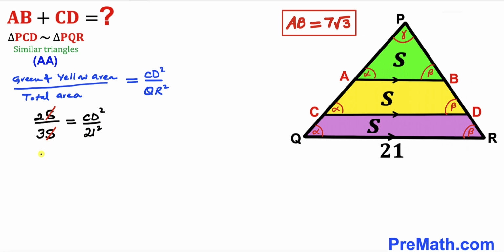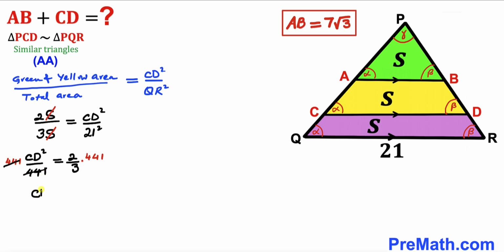So therefore we can write down CD squared divided by 21 squared, which is 441, is going to be equal to 2/3. And now we are going to multiply by 441 on the left hand side and 441 on the right hand side as well. And here we can see 441 and this 441, they are gone.